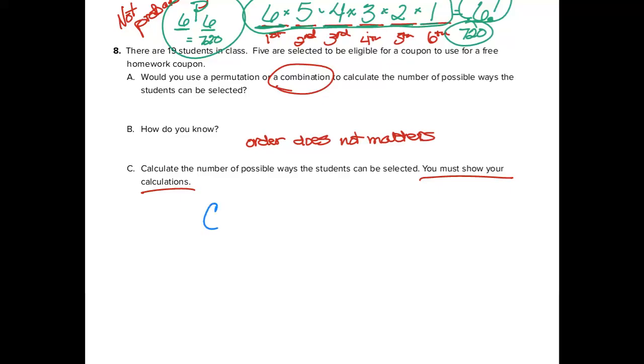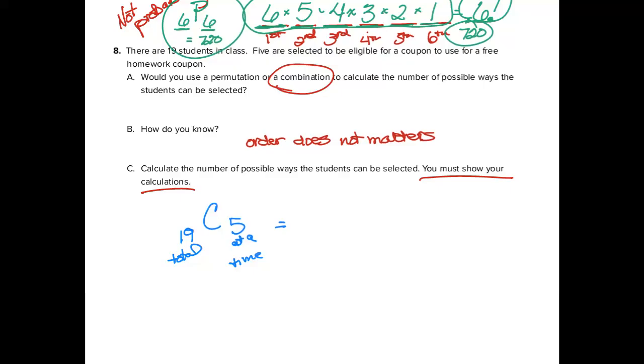So if it is a combination, we have a total of 19 students, and of those 19, we were interested in 5 at a time. If you do this on your calculator, you're going to get an answer. I will show you how to do the calculations now. It really is not that hard.